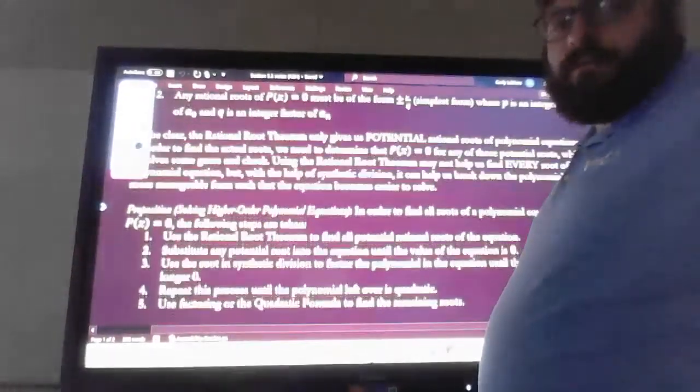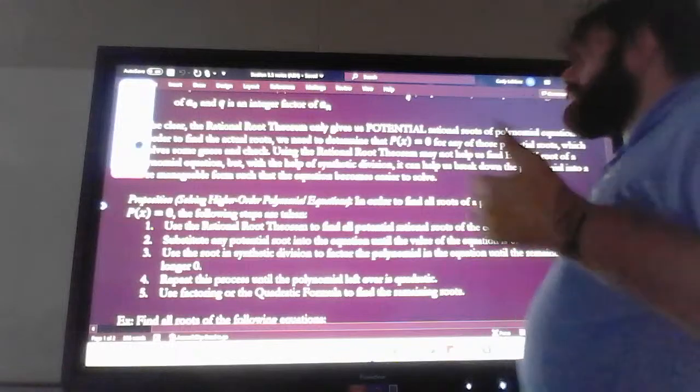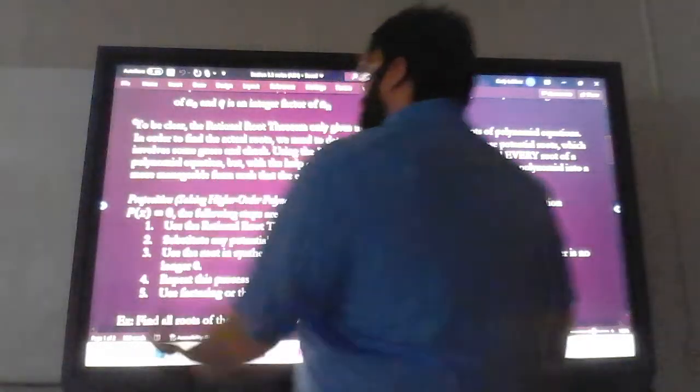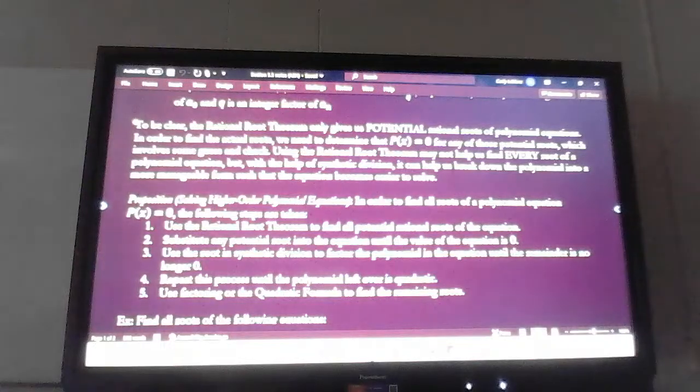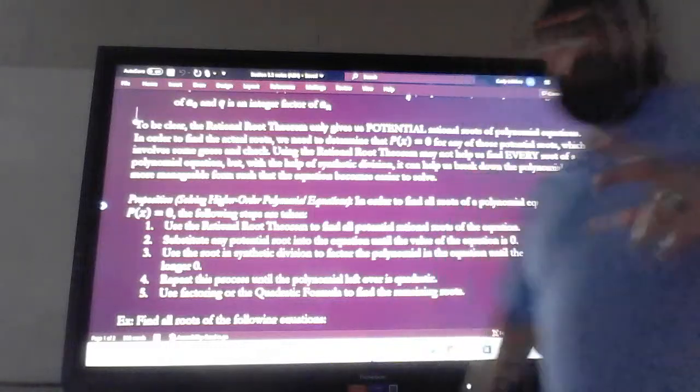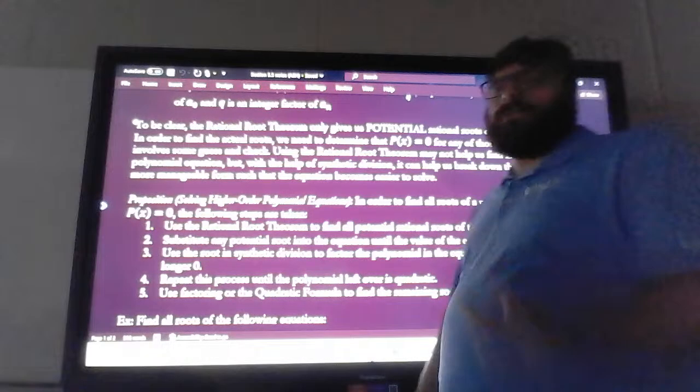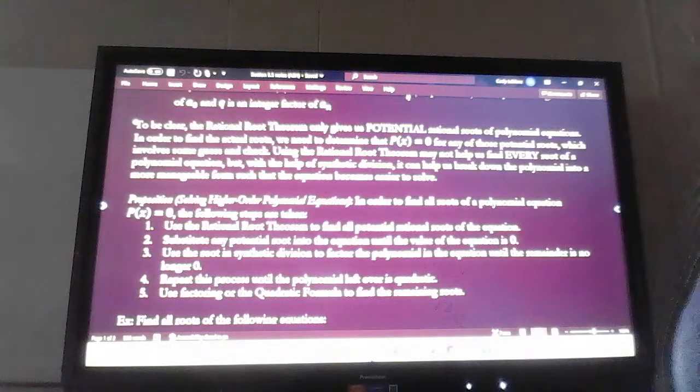Now, moving on. To be clear, the rational root theorem can only tell us potential rational roots of polynomial equations. Meaning that when we go looking for these rational roots using this theorem, not every single number that we find using that theorem is going to be a rational root.